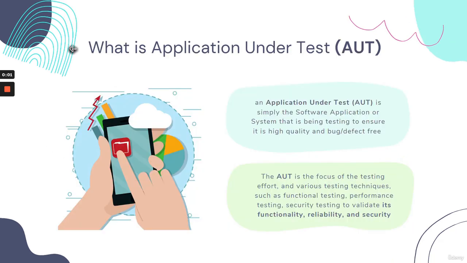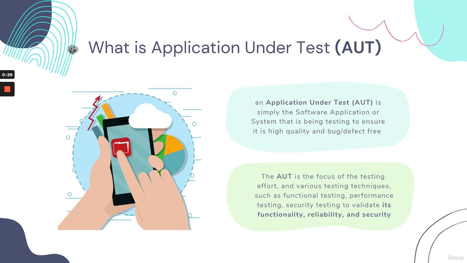In the field of software quality assurance testing, you'll often hear the term application under test. So, what is an application under test, or AUT? An application under test is simply the software application or system that is being tested to ensure that it's high quality and bug or defect free.